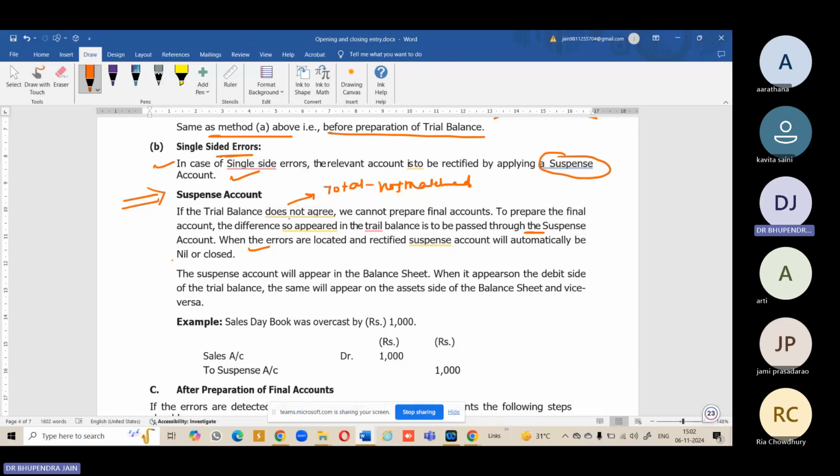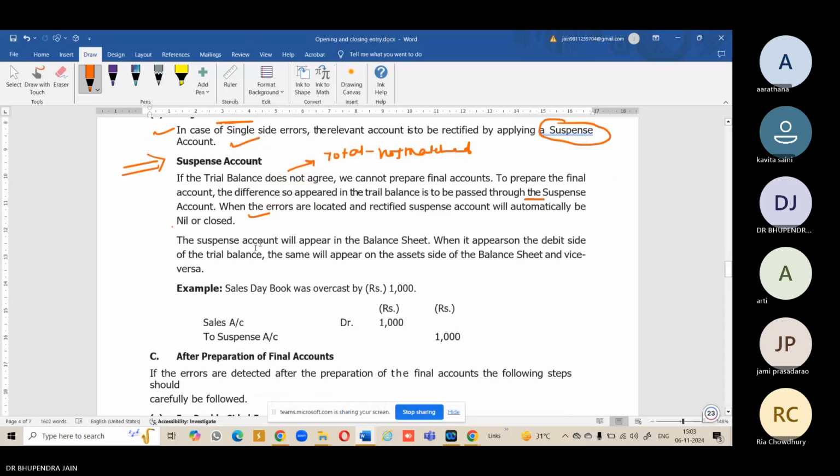After preparation of trial balance, if double side error, the method is the same: wrong entry, correct entry, rectified entry. If single side error, the single side balance, either debit or credit, is transferred to the suspense account. Okay. Then prepare the financial statement, then rectify the error. So whenever you rectify the error, the suspense account will automatically become nil or close.